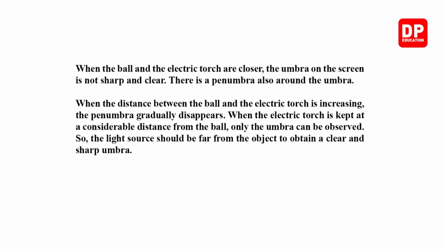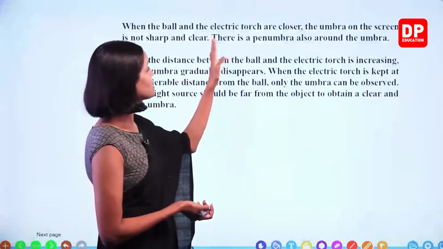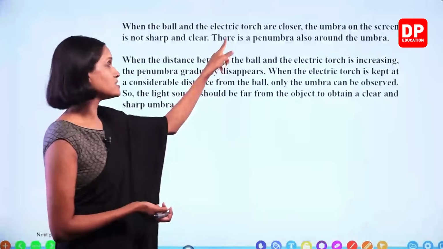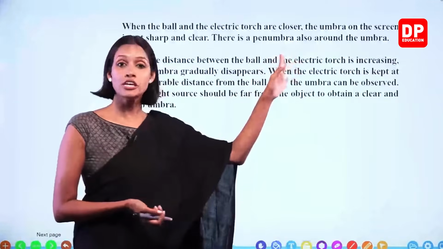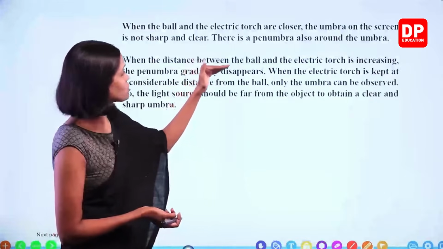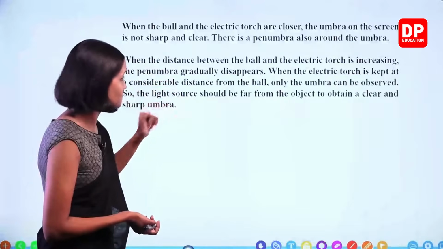So here the same thing is explained. When the ball and the electric torch are closer, the umbra on the screen is not sharp and clear. There is a penumbra also around the umbra, right? When the distance between the ball and the electric torch is increasing, the penumbra gradually disappears.